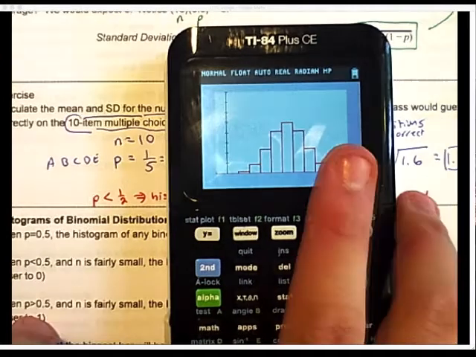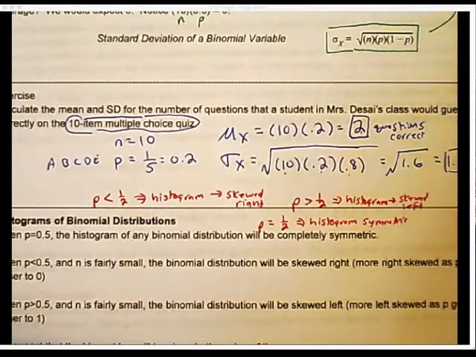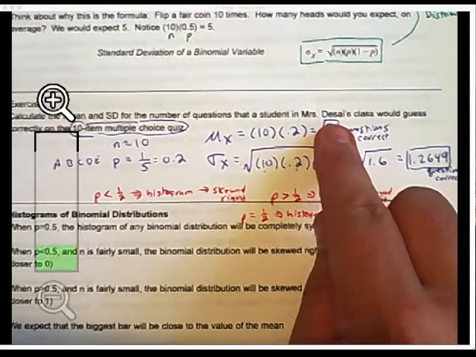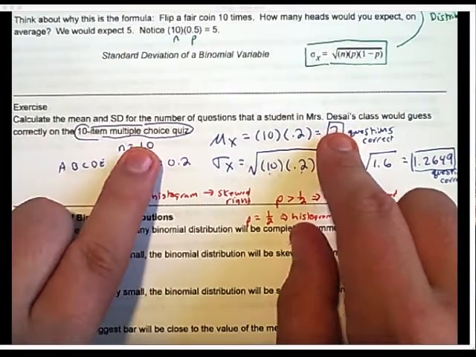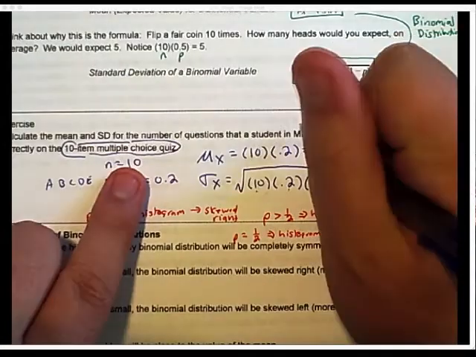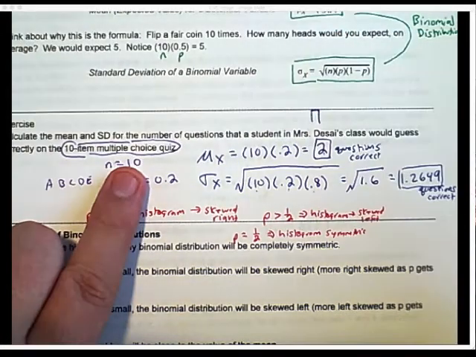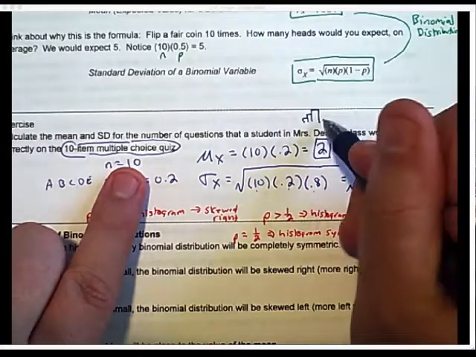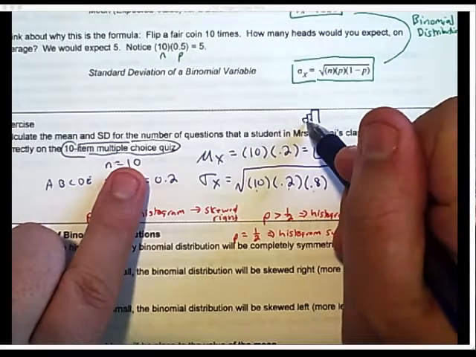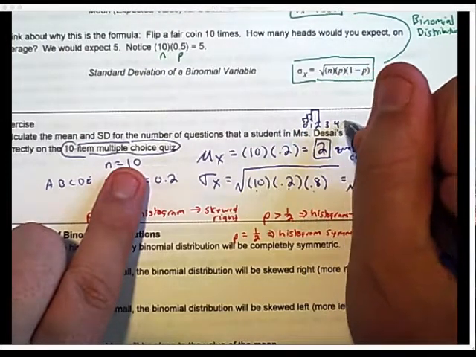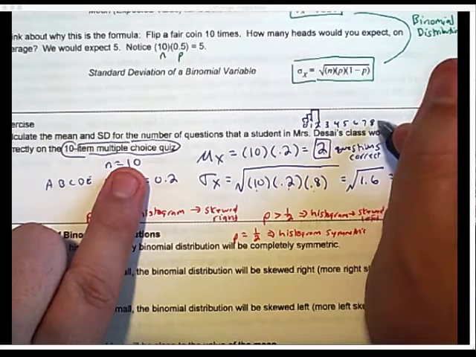All right. So why does this happen? Let's think about why this happens. You know that there's 10 trials, but if the mean is 2, the biggest bar is going to be at 2. All right. So if the biggest bar is at 2, there's only 2 bars to the left of that, because there's the 1 bar and then there's the 0 bar. But you still got a whole bunch more numbers to cover.